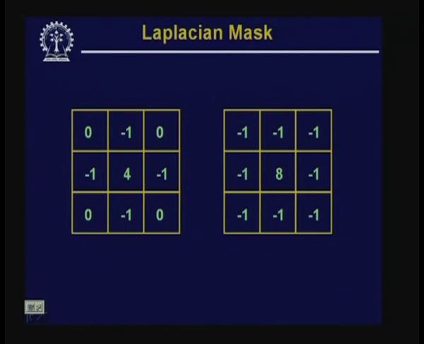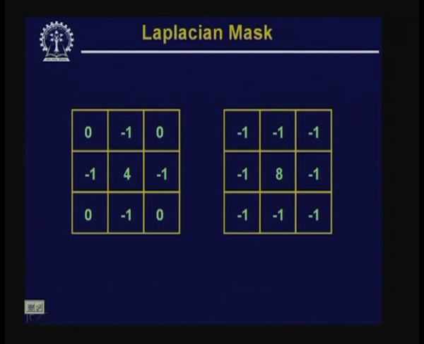So, these are the two Laplacian masks where the center coefficient is positive and the neighboring coefficients are negative. This shows that using the Laplacian mask in the spatial domain, the kind of operation that we have done is basically a high pass filtering operation.